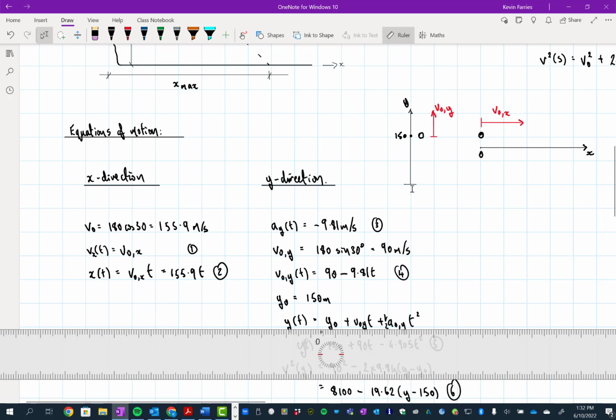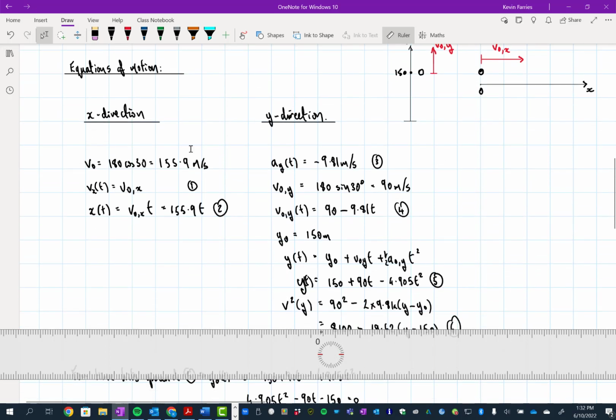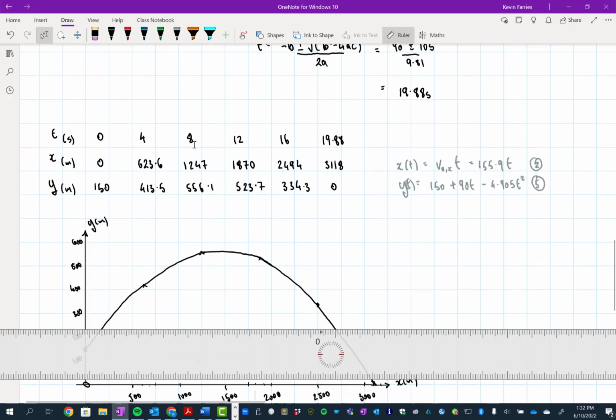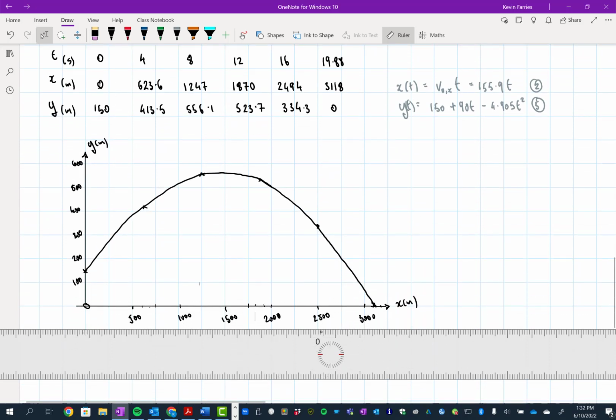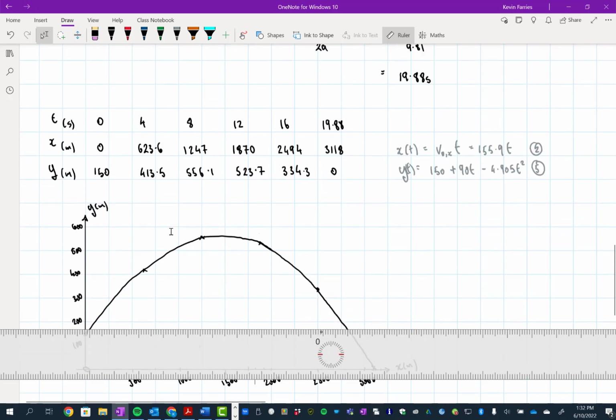It's going to be the height of that little object, and the x position is going to be as if there was no gravity, just heading along horizontally at constant velocity, as if you just fired it horizontally with no gravity. And if you want to know the position, you just figure out the x and y positions at different times, plot them together, and then you'll get a graph of the path of that projectile.